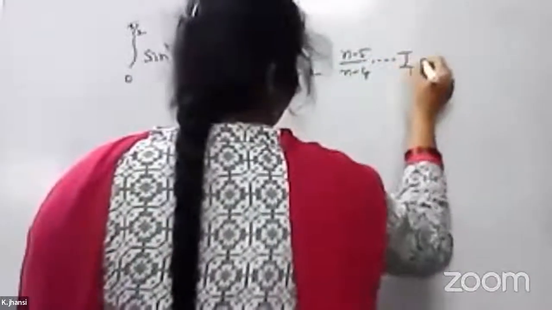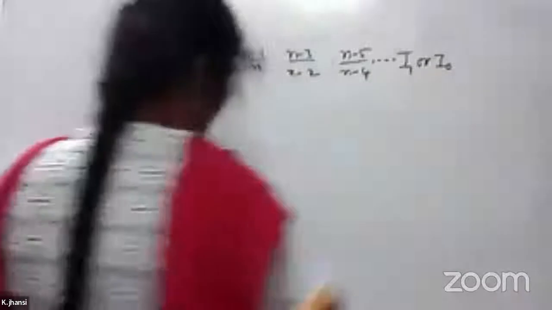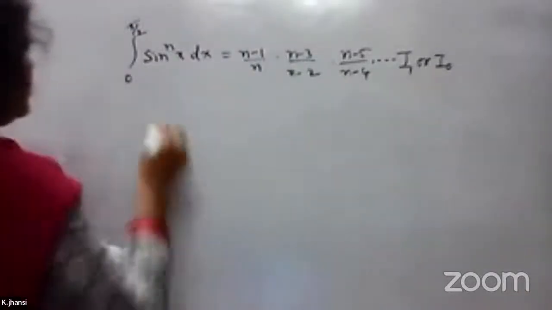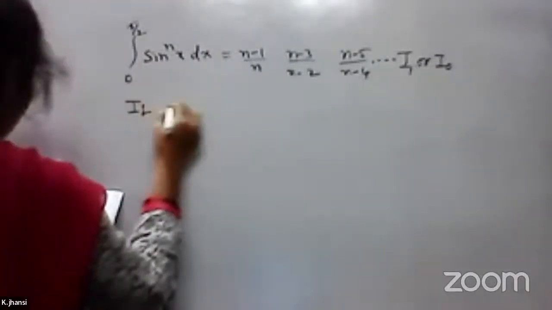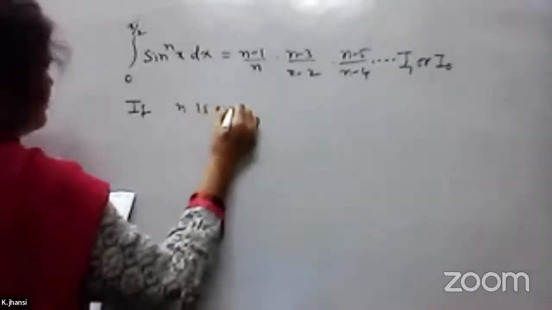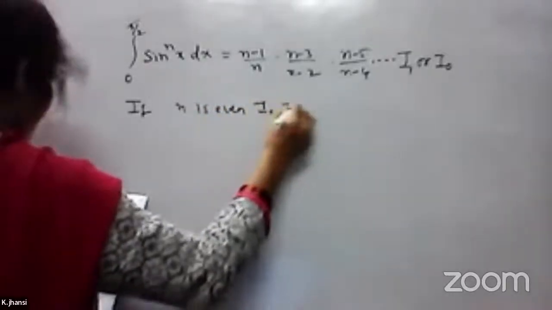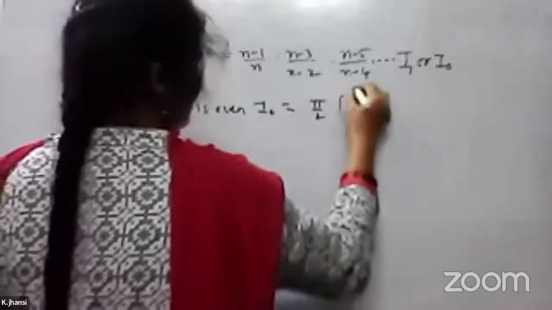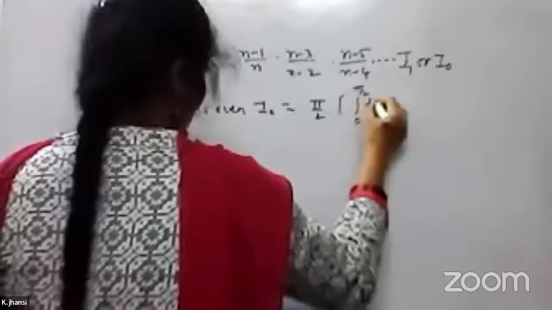Here you may get I1 or I0. So if n is even, I0 equals pi by 2. Why? Because it is the integral from 0 to pi by 2 of dx.